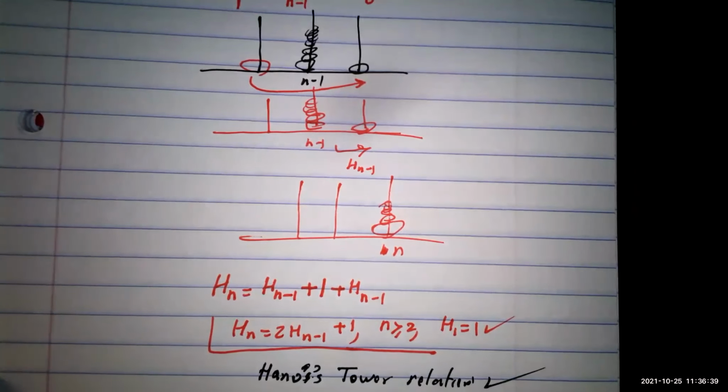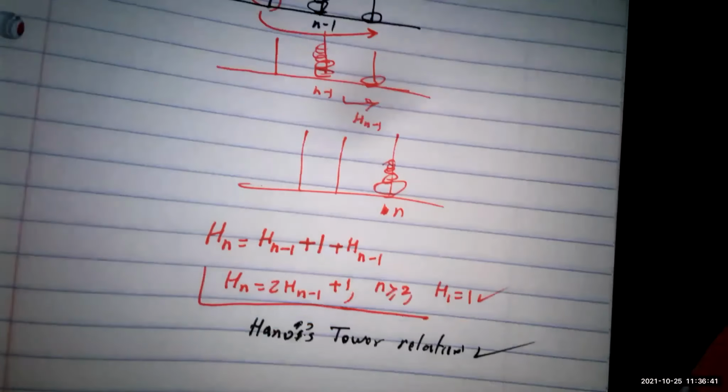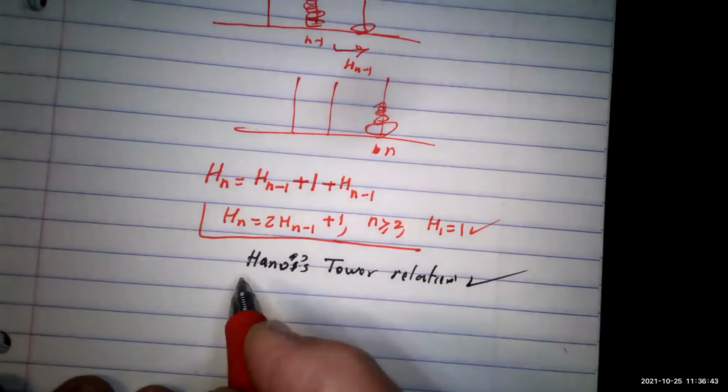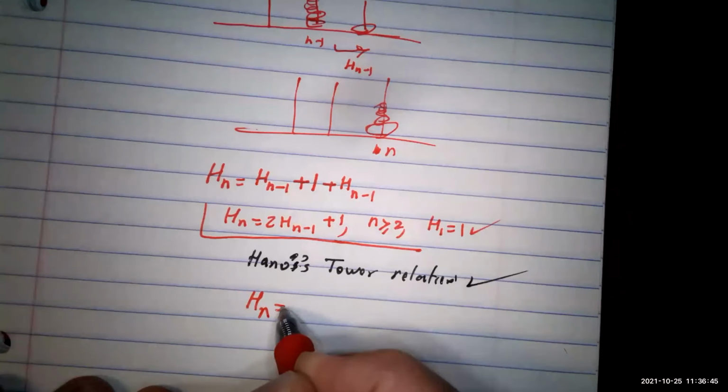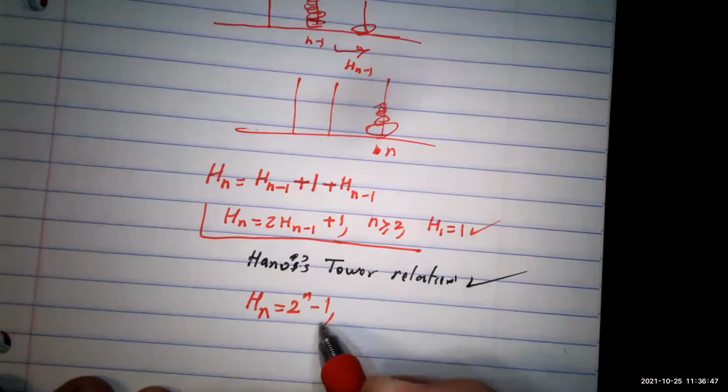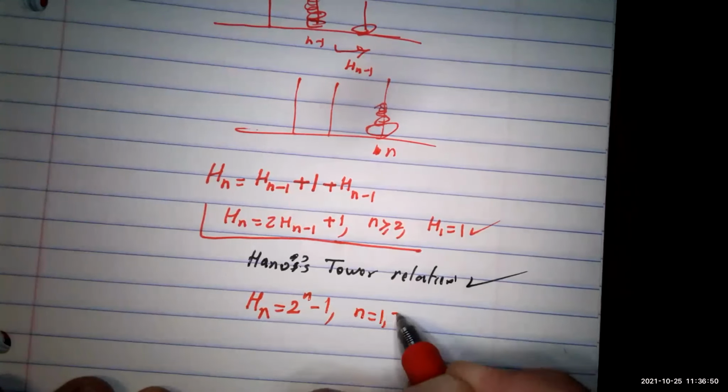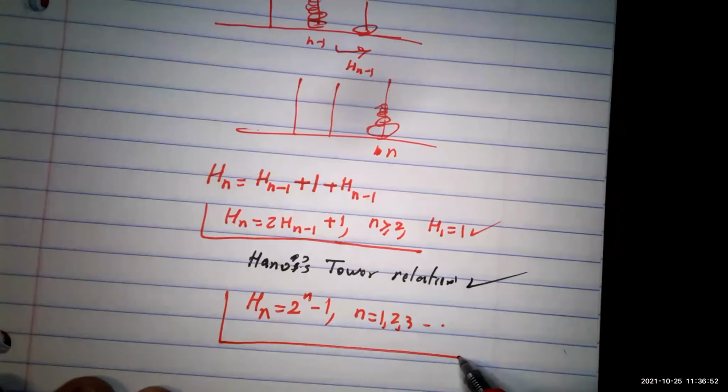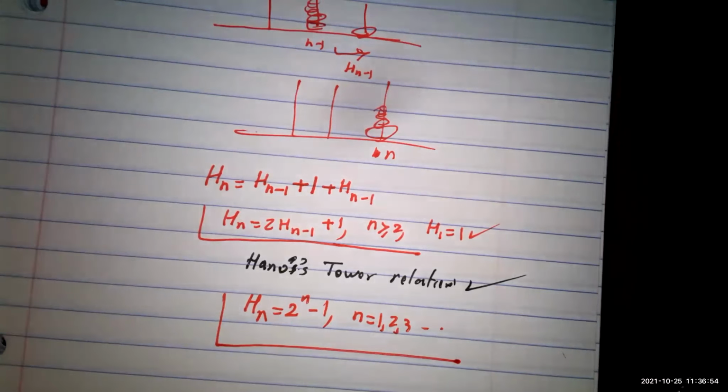And later on, we are going to prove by induction that hn would be 2 to the n minus 1 for n equal to 1, 2, 3, etc. This is a very, very popular one. I'm going to prove it for you in a minute. Any question?